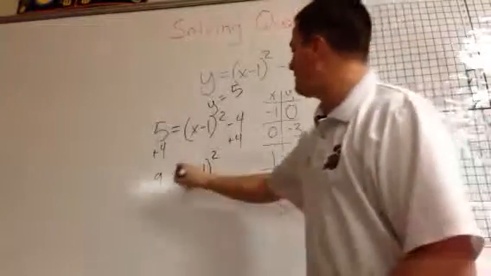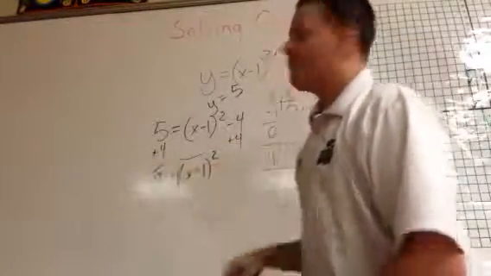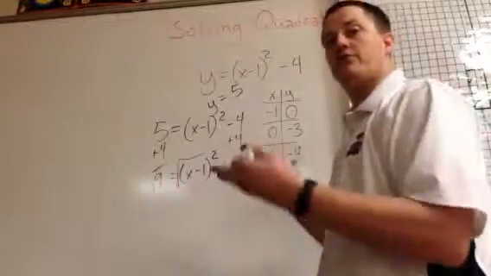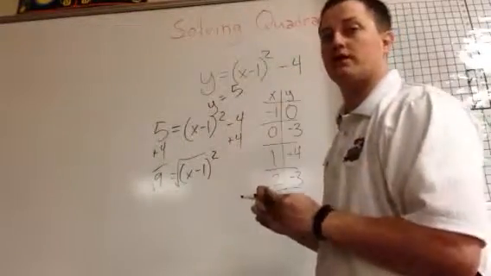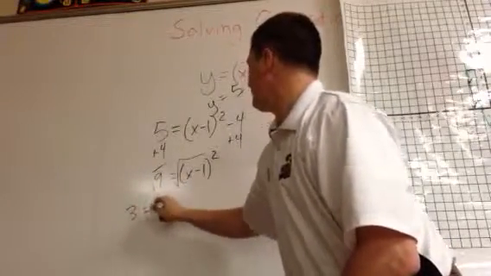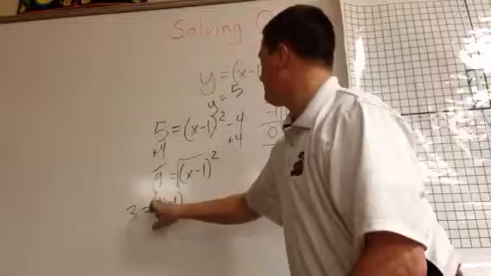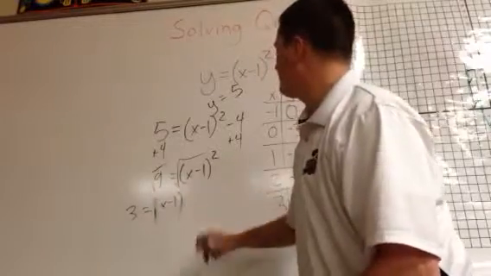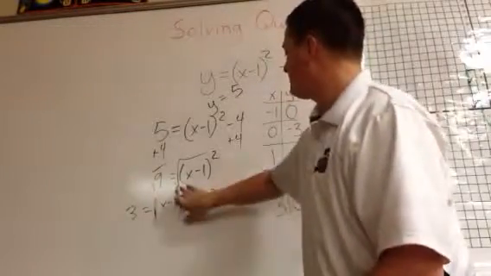At this point, we would have to square root. This is going to give us 2 answers, hence the reason there were 2 answers in our graph. A positive 3 and a negative 3.